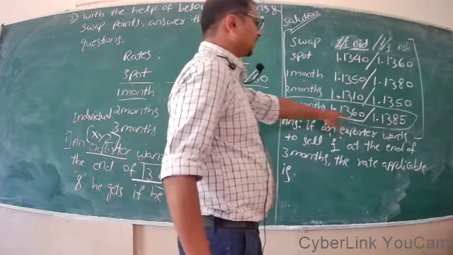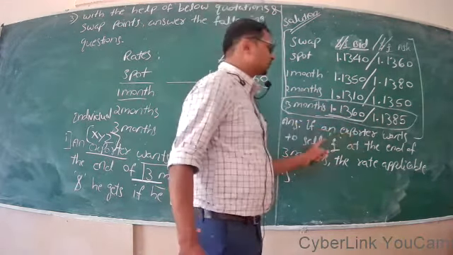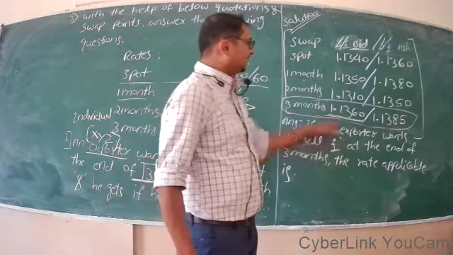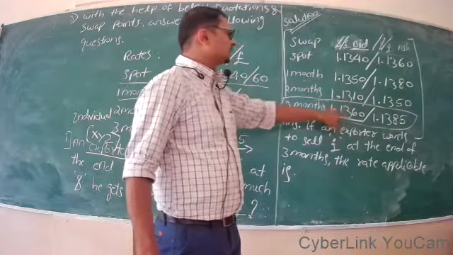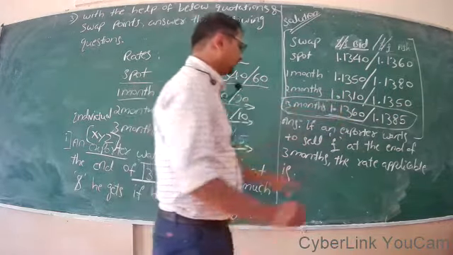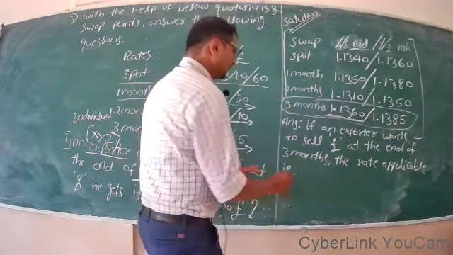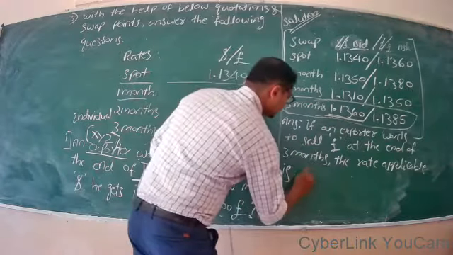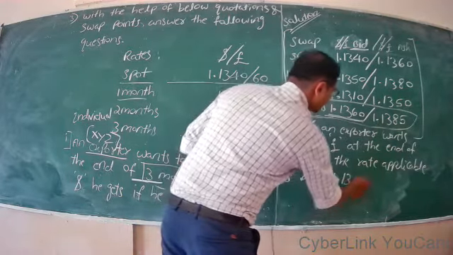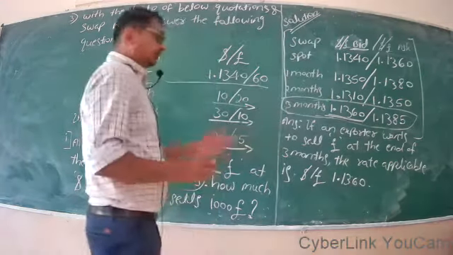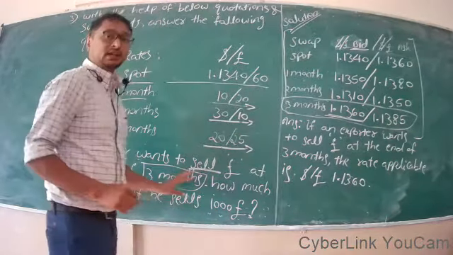Why this price? Because an individual wants to sell. If he is going to sell, this is the buying price of the banker, right? He will get maximum this price, 1.1360. So the applicable rate is 1.1360 dollar per sterling pound. Right? This is the solution to the first part of the question.